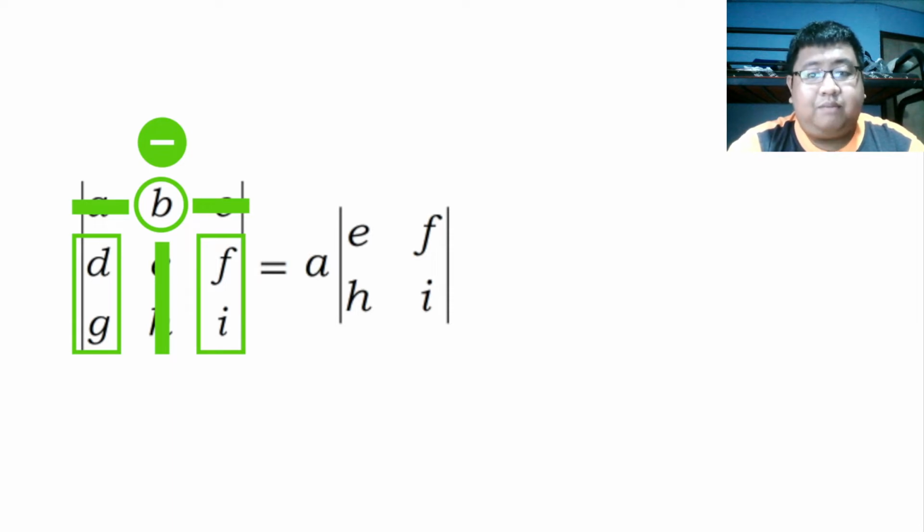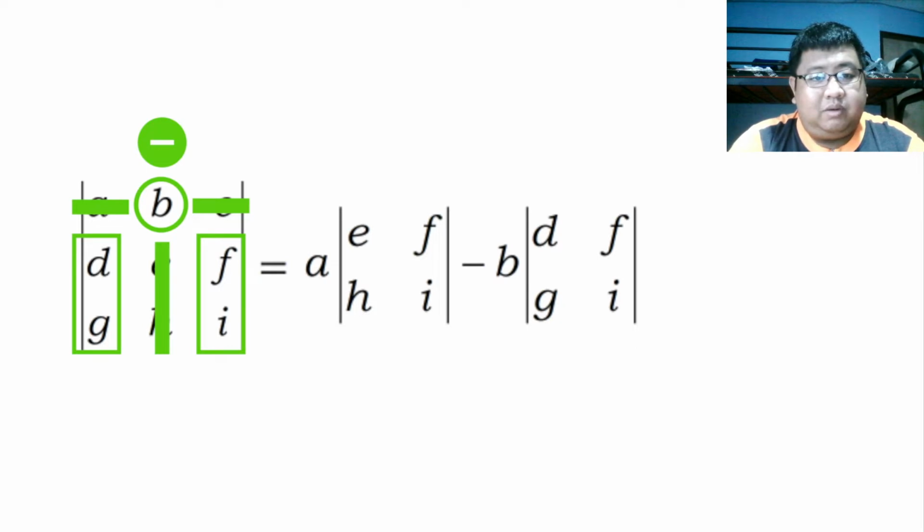And that product will be negative. Remember, alternation of signs. The first term is positive, the second term is negative. So your next term would be like this. You will notice the B is outside and it's negative. And the 2 by 2 determinant is now comprised of D, F, G, and I.